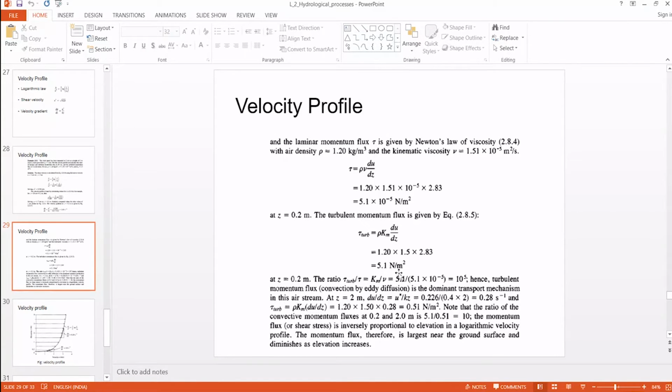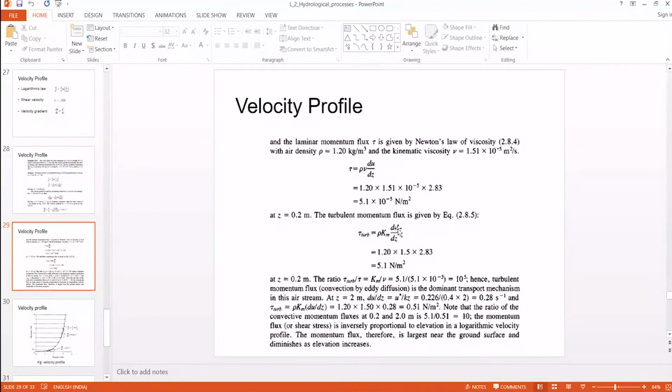Let us compare the turbulent momentum flux and the laminar momentum flux. The laminar momentum flux is 5.1 times 10 to the power minus 5, whereas the turbulent momentum flux is 5.1 Newton per meter squared. So the turbulent momentum flux is 10 to the power 5 times, one lakh times, the laminar momentum flux.